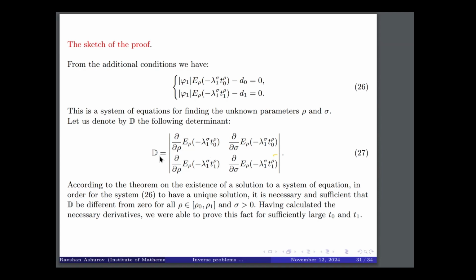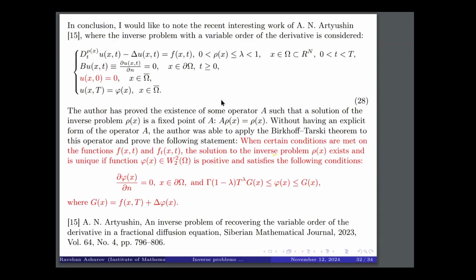Now, this is a very interesting paper, by Artushin, published in 2023. The author considers the following inverse problem. Here, you can notice that rho depends on x, so on space, not on time.